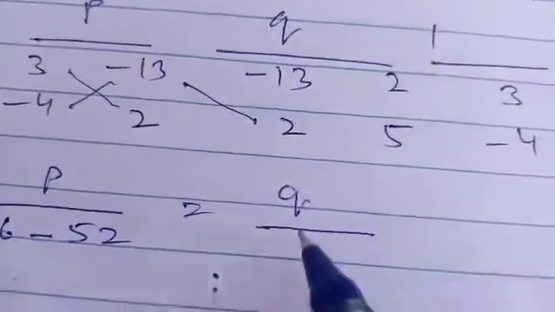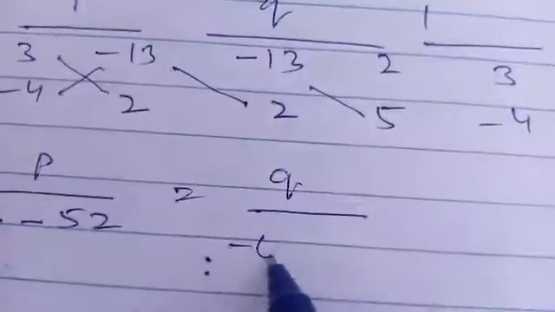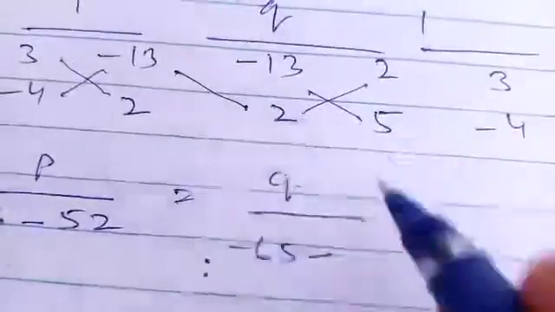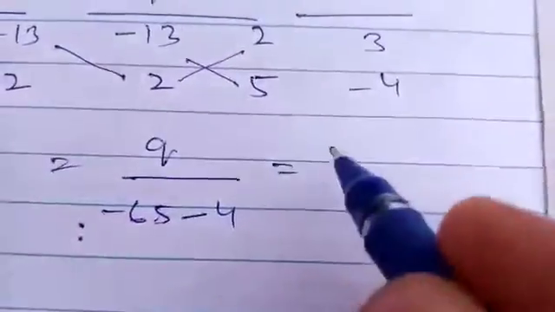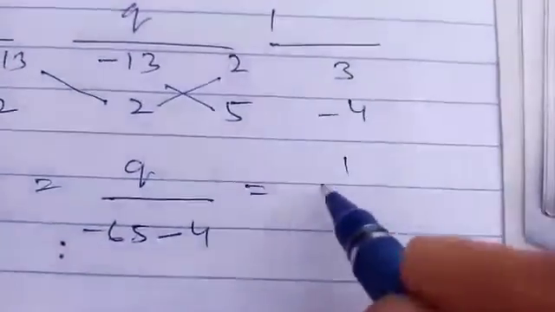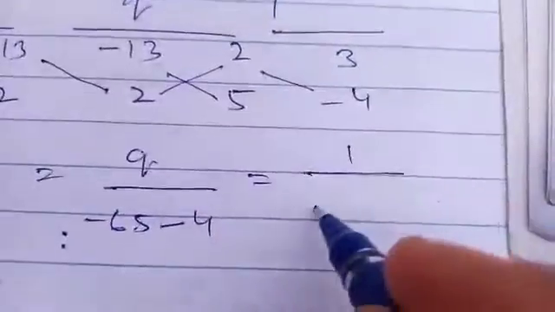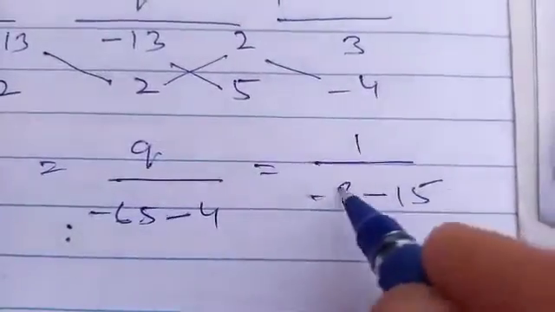4q 13, 5 times 13 is 65, minus 65, minus 2, 2 times 4, and 4 times 1, 2 times 4 is minus 8, minus 5 times 3 is 15.